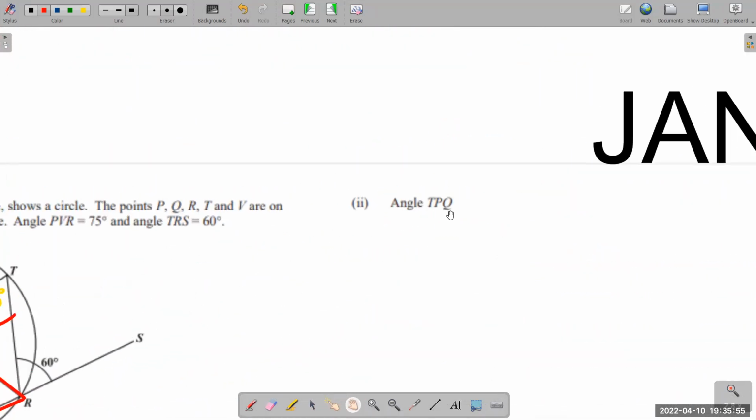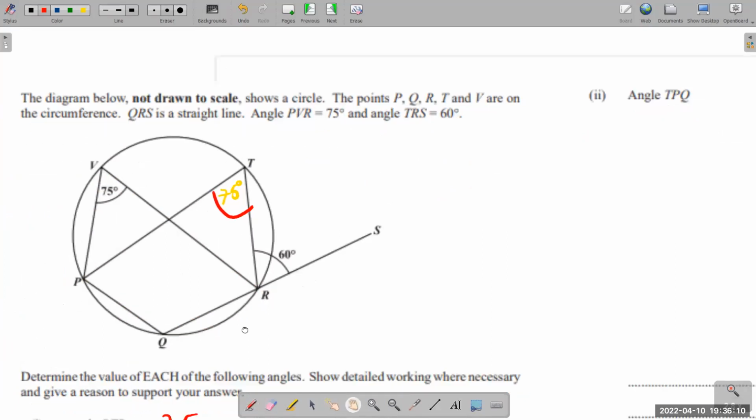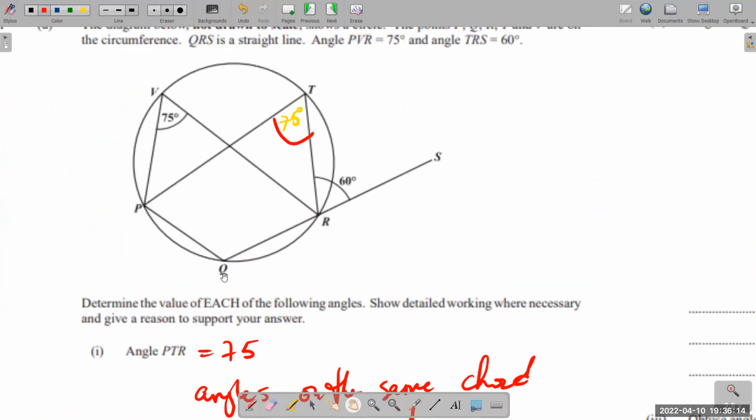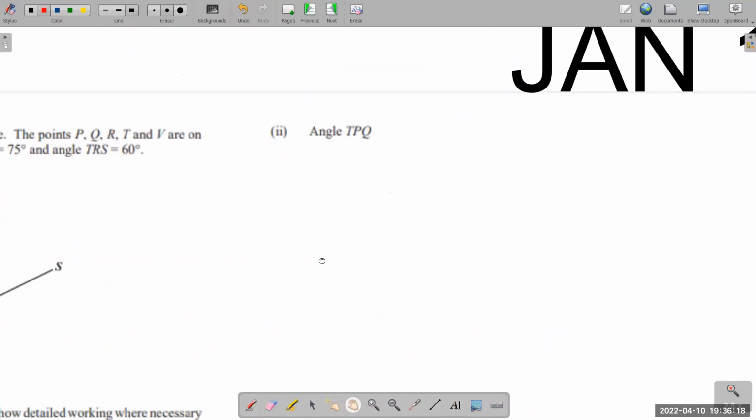Next one, angle TPQ. Where is that? TPQ. So let me erase this here now. So let me put this angle in here. What was this here again? What was the answer? We know that, wait, let me go again.